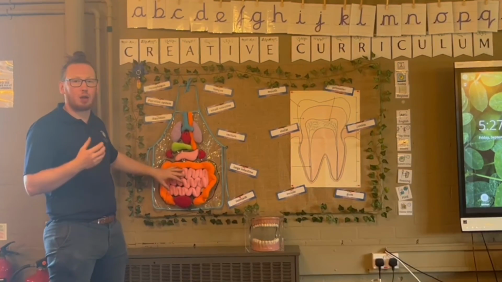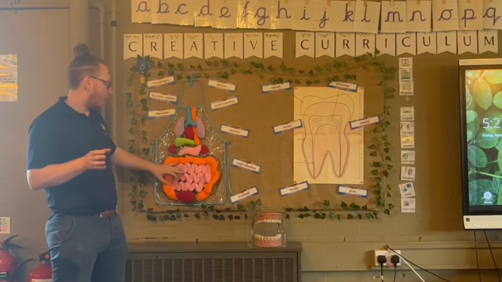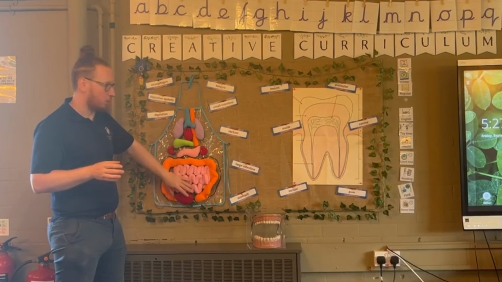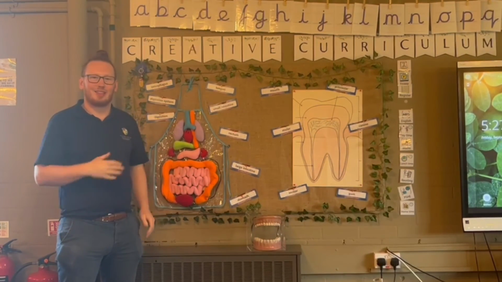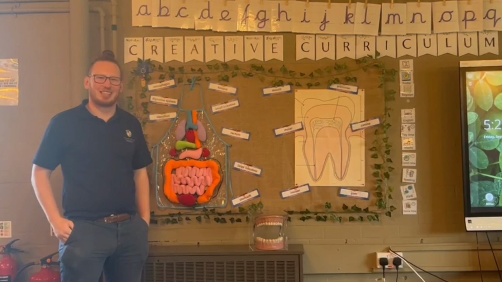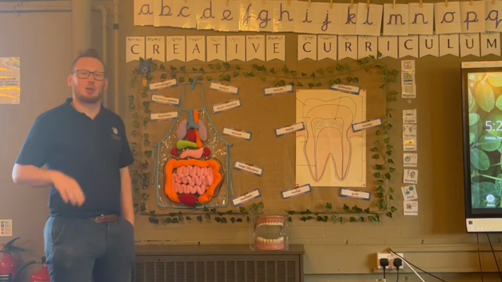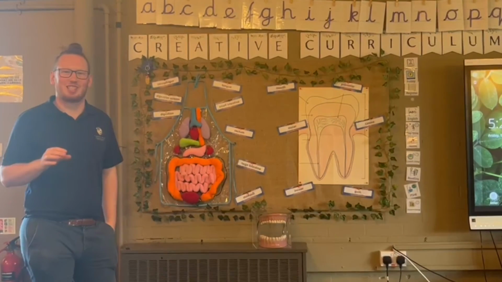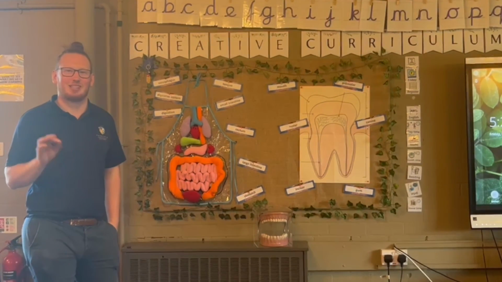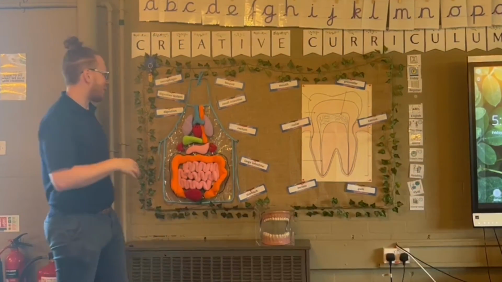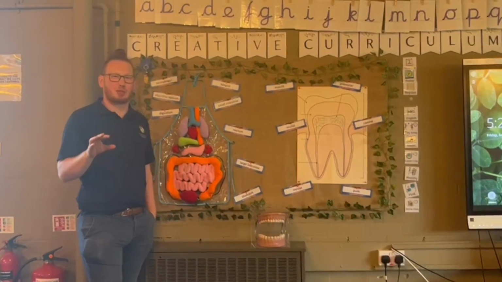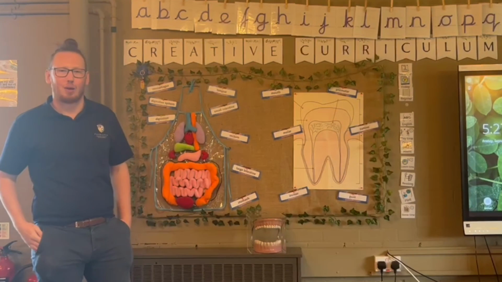So we've got both the long and the short intestine, and then we will move into, obviously, the bottoms bit of the digestive system, which is always the bit that children seem to get very interested in. And obviously we'll have to talk in our scientific terms about what happens to our food once it has left the body as well. So it should be quite a nice topic, all to do with the science of the body and what happens to our food when we eat it.